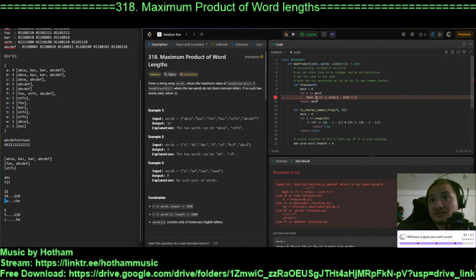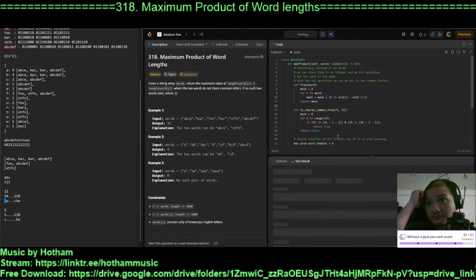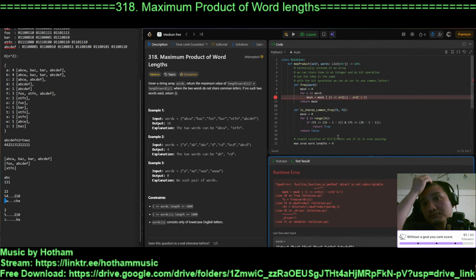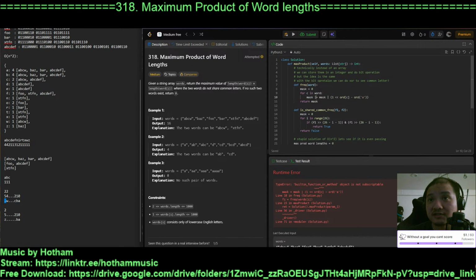Does it not let me do that? Or do I do this? Built-in method function is not subscriptable. What? Oh, I think it doesn't complain about this. It complains about this one right here because it's a function.